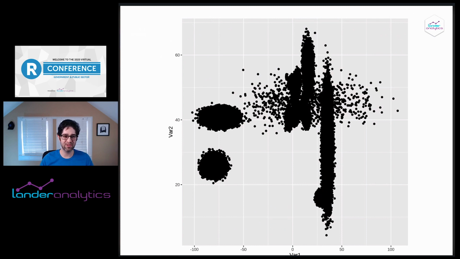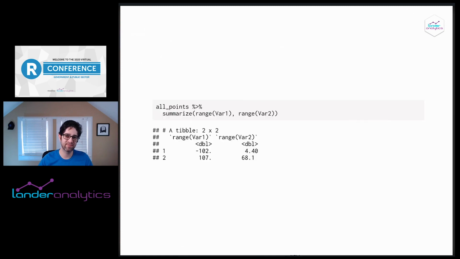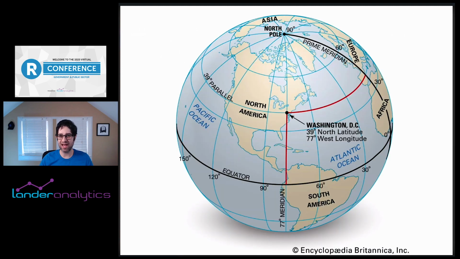And I noticed something. When I looked at the ranges of the X and Y axes, I said something's up, and I summarized them. The first dimension goes from negative 100 to 100. The second dimension goes from roughly 5 to 68. And I said, you know what? That looks a lot like latitude and longitude data.